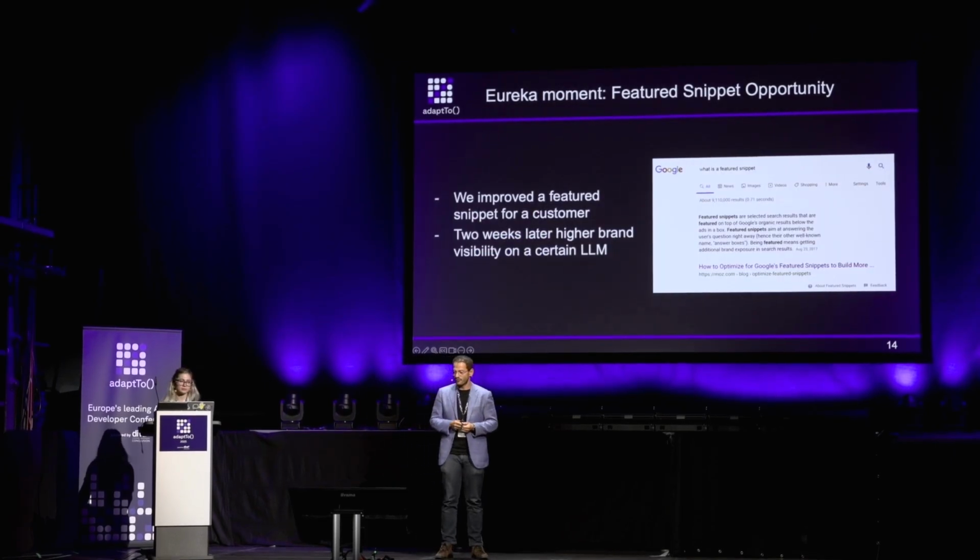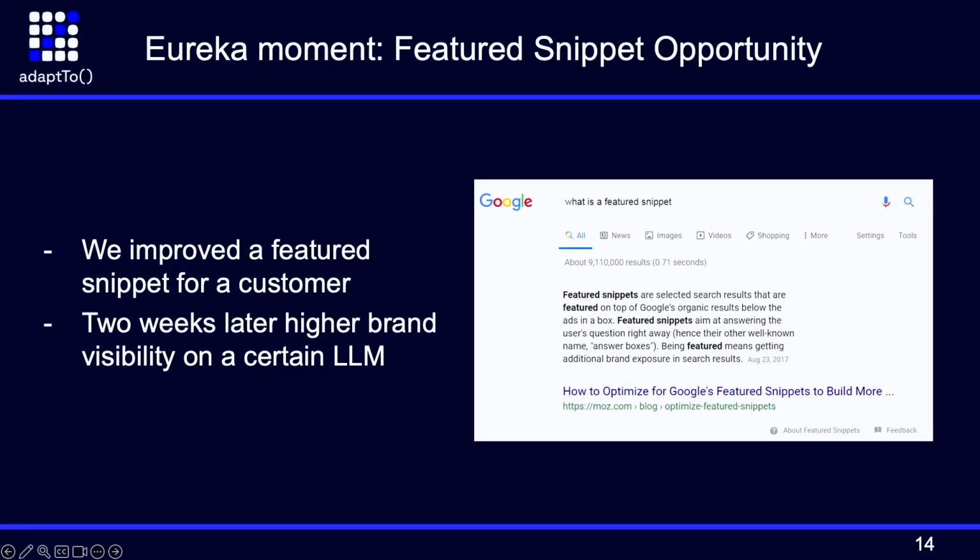And what happened was, there was a eureka moment where we noticed a certain opportunity, which was to improve the featured snippet on a certain page. So featured snippet is this little box in Google, which basically Google copies other websites and puts the content there, right?